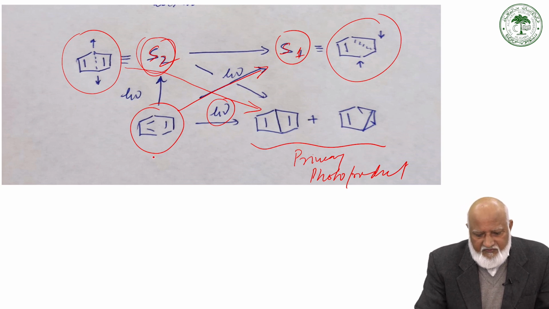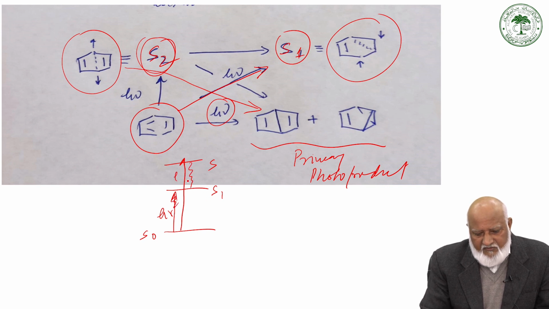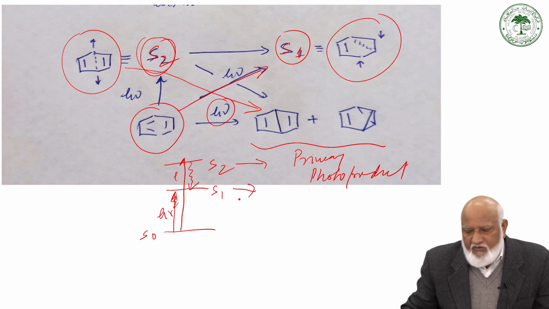So we can say that the S0 state can go to S1 or S2. First in the presence of light it goes to the S2 state, and then it can come back through internal conversion, and this can originate three different valence isomers.